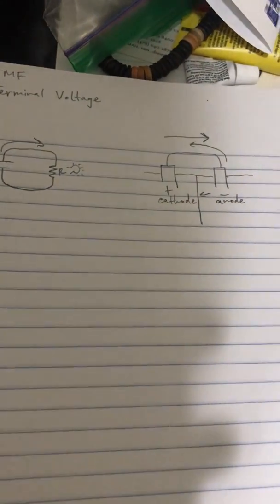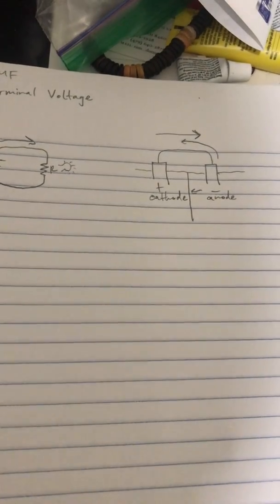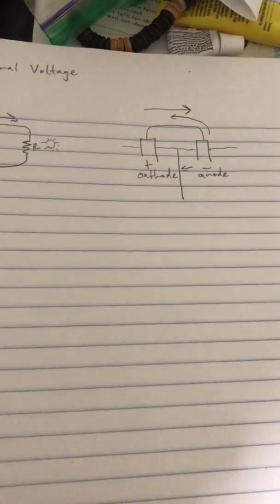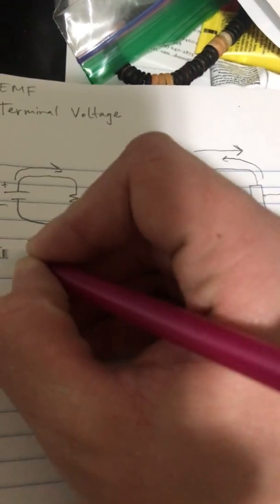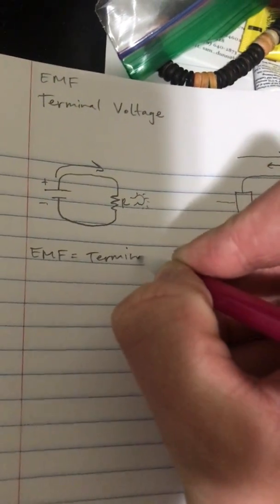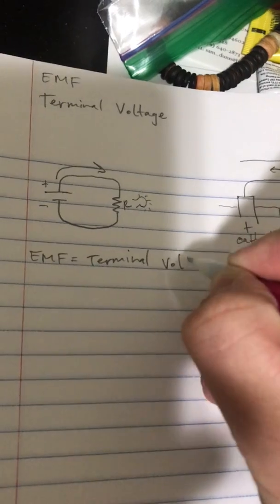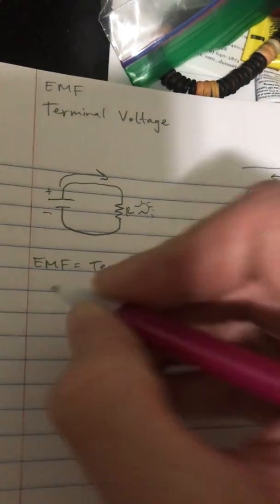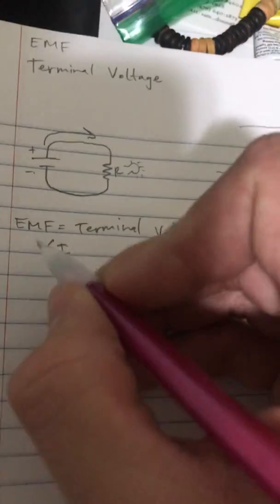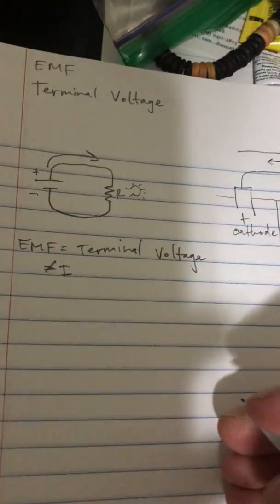So the EMF, defined in simple terms, is the potential difference of a source when no current is flowing. So we're going to say that EMF equals terminal voltage. So if there is no current, and current is just represented by I, if no current is flowing.